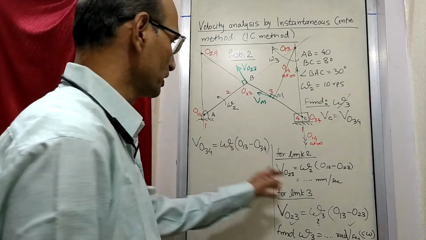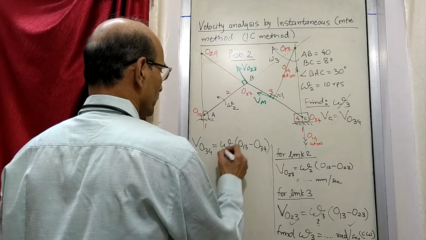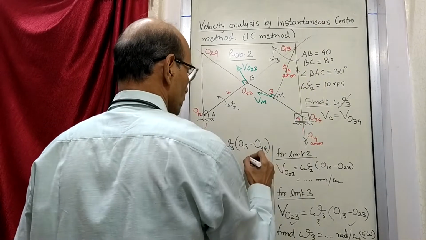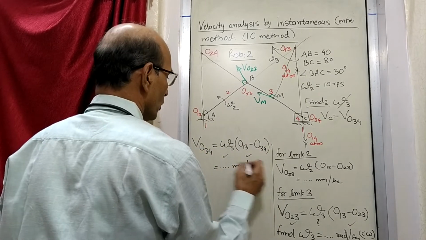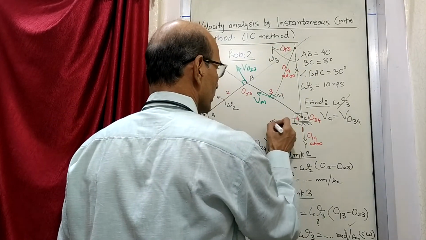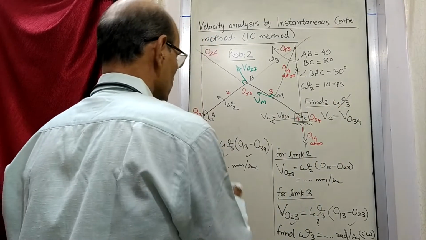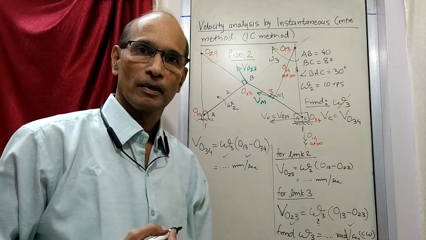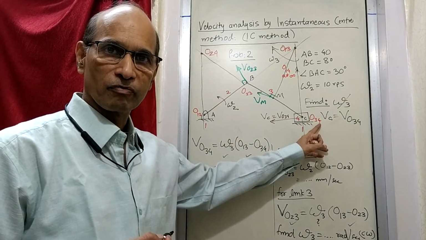We have done the equation in the same manner as earlier. Omega 3 we know, and the distance from O13 to O34 we also know. So you can find out the velocity of O34. And since omega is like this, the velocity of C is going towards the left. So we have found out the velocity of C, right? This is the way we are making use of the IC method for finding out the velocity.